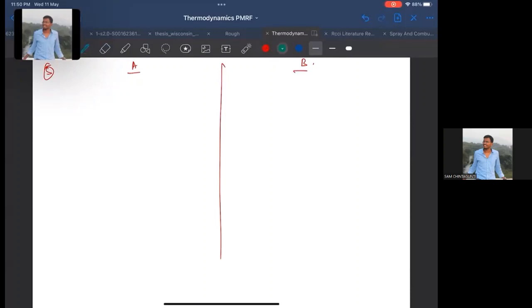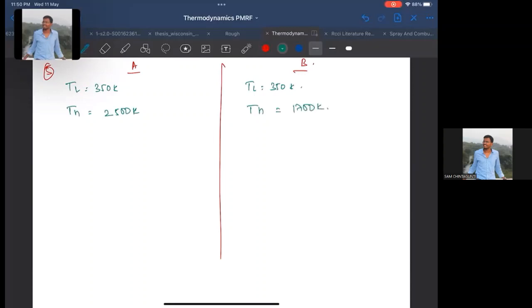In the first case, burning, in both the cases, TL is equal to 350 Kelvin, right? And fuel A, here TH is equal to 2500 Kelvin, and here TH is equal to 1700 Kelvin.